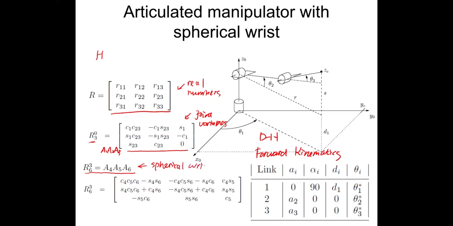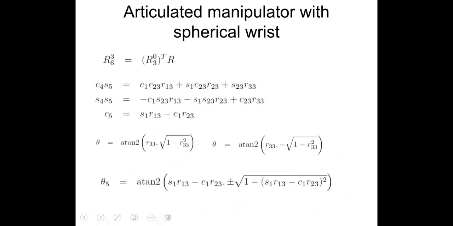If you cannot remember the details, please go back to the lecture slides and take a look at this DH convention as well as the final R36, which I guess was example 3 in the forward kinematics. Now we directly use the result from that example, so we have this matrix of R63.